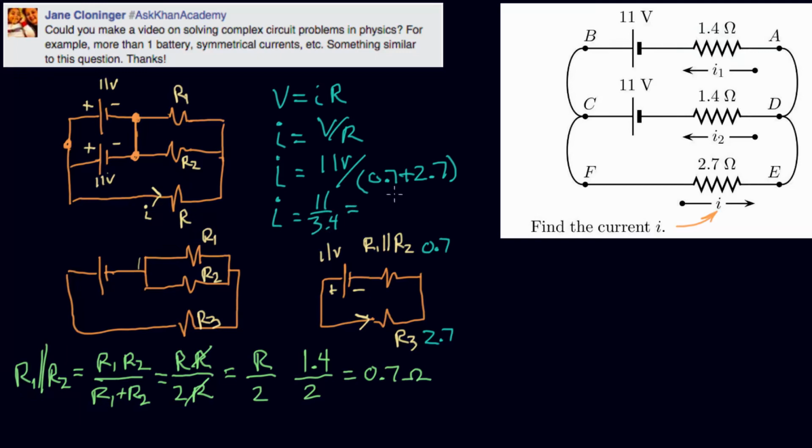It's 11 volts divided by 3.4 ohms, and that equals 3.23 and some more digits. And that will be in amps. So this right here is our answer. Find the current I. I equals 3.2 amperes.